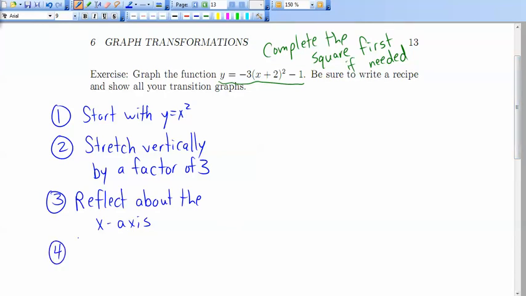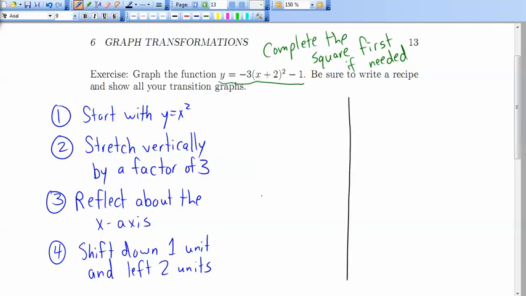Of course, they have to happen at the end, so we're going to shift down 1 unit and left 2 units. All right. So there we've got our recipe. I expect you to write a recipe every time you do graph transformations, so I can see exactly what you're thinking.